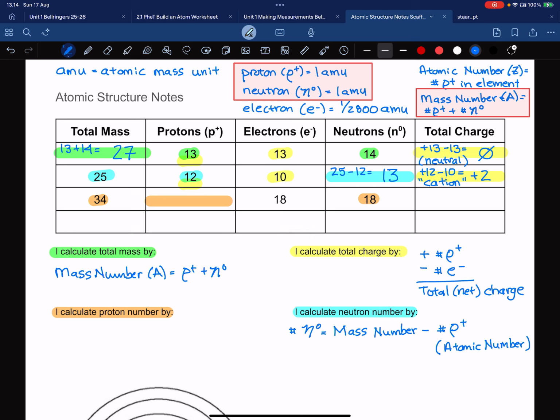So I'm doing a similar thing to what I did over here. So my number of protons is going to be equal to my mass number minus my number of neutrons.